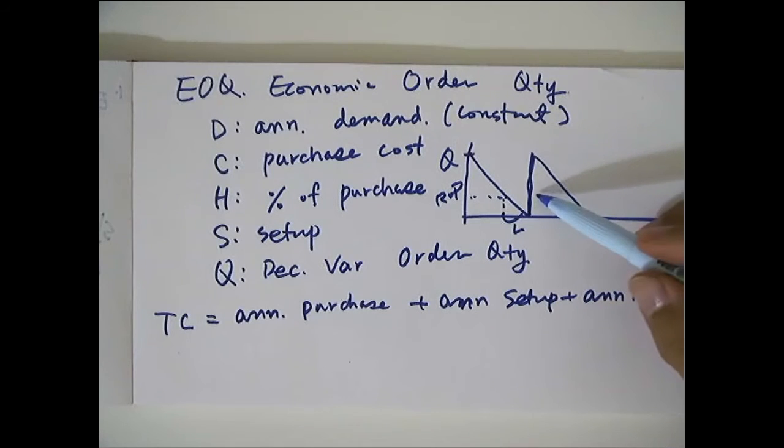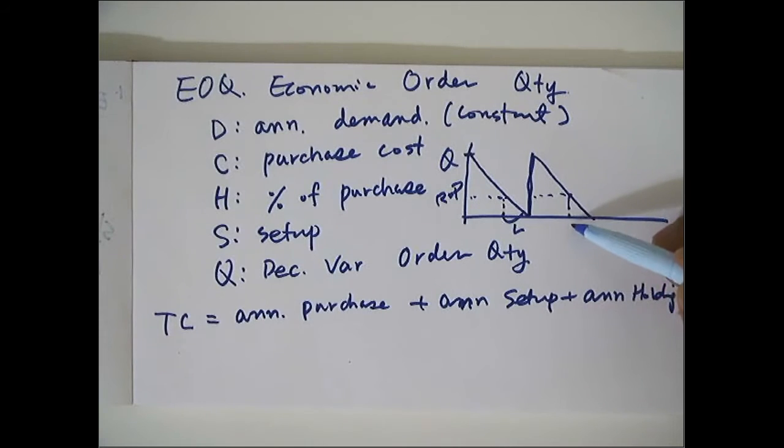Inventory level goes down to the ROP, and we place an order again, it takes lead time L, and we receive another order of Q, and we sell this product. D is the demand rate.